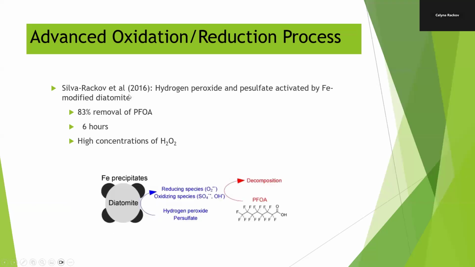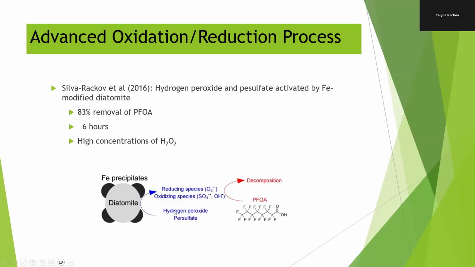So this study here was published in 2016 and studied hydrogen peroxide and persulfate activated by iron modified diatomite. In that case, they used a heterogeneous system to remove the PFOA, and it was a diatomite with iron precipitating on the surfaces.